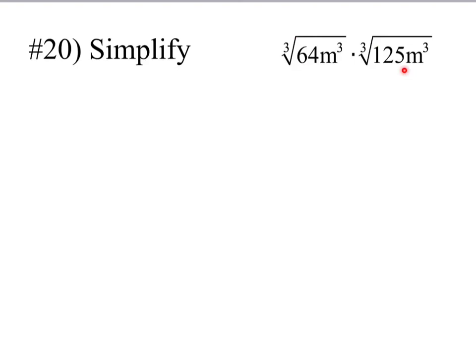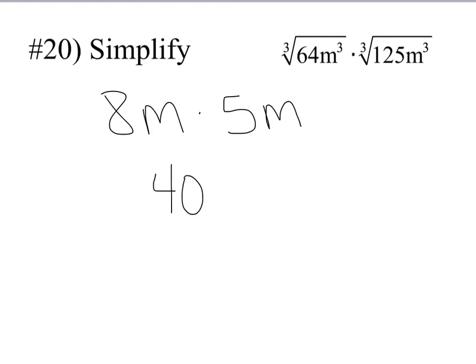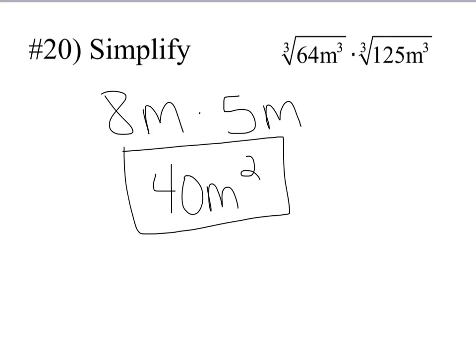The cube root of 64 is 8, and the cube root of m cubed is just m, times the cube root of 125 is 5, and the cube root of m cubed is just m. So 8m times 5m is 40m squared, and that is your answer.